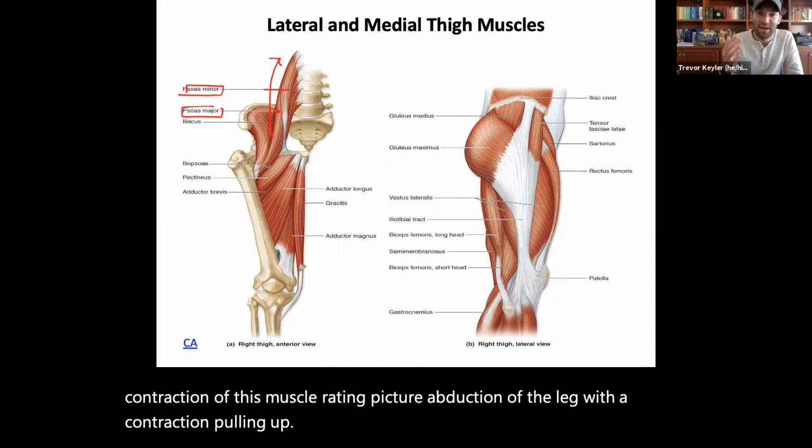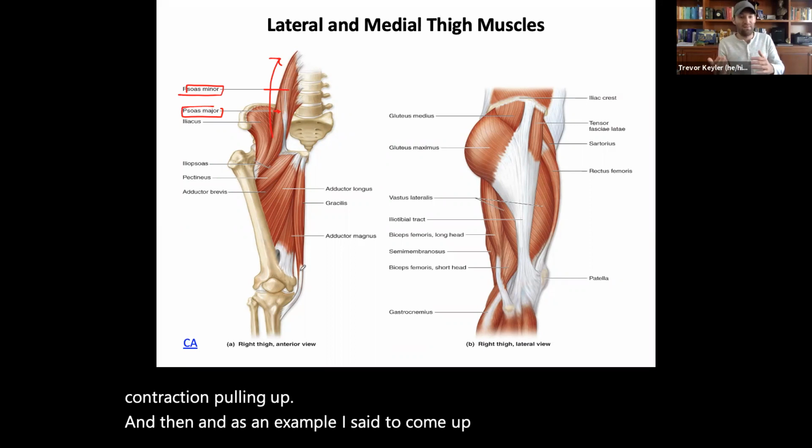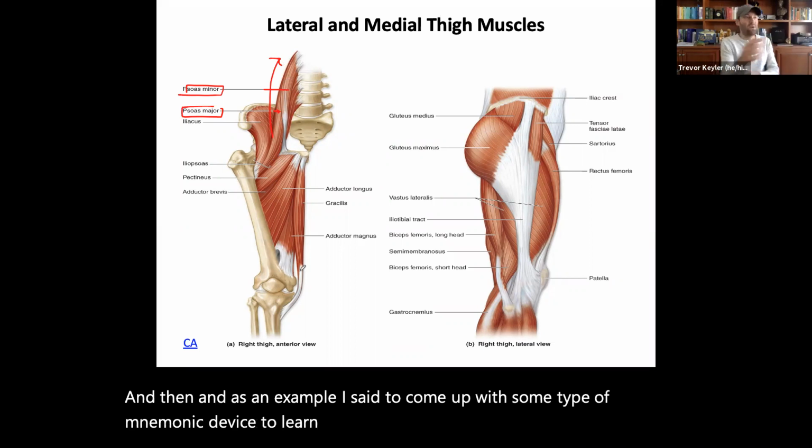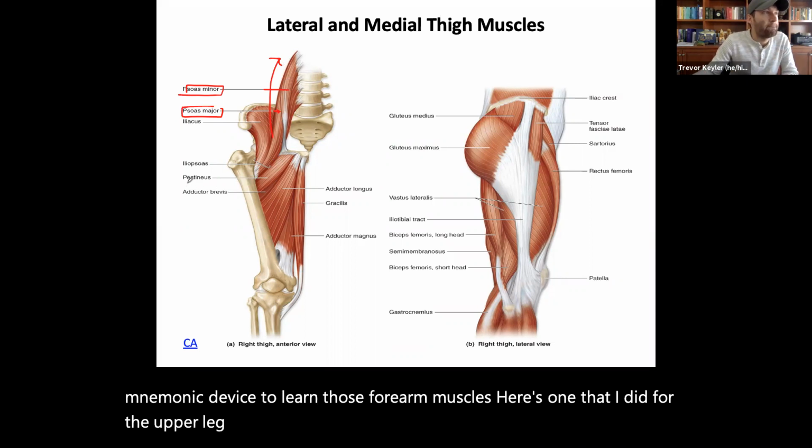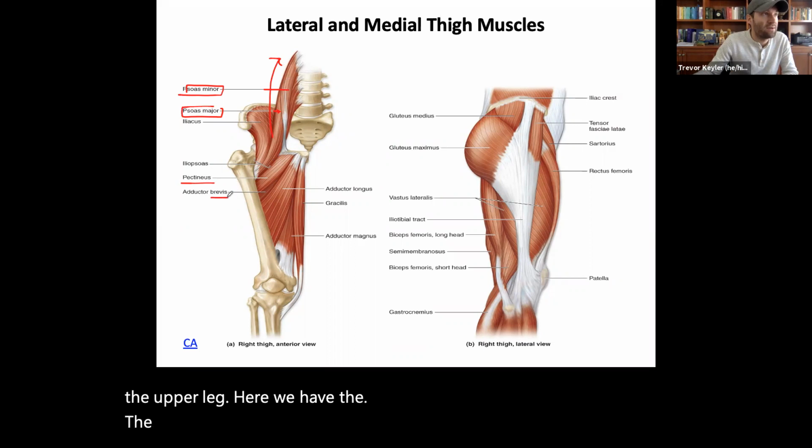And as an example, I said to come up with some type of mnemonic device to learn those forearm muscles. Here's one that I did for the upper leg. We have the pectineus, the adductor brevis, the adductor longus, and the gracilis. Did I skip one?